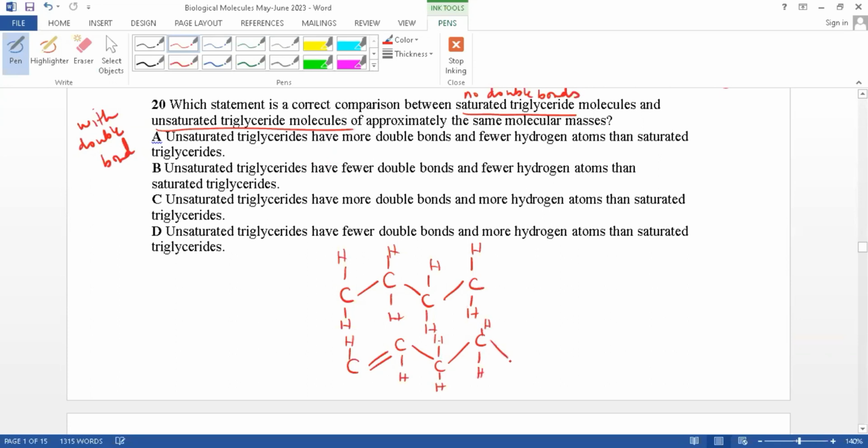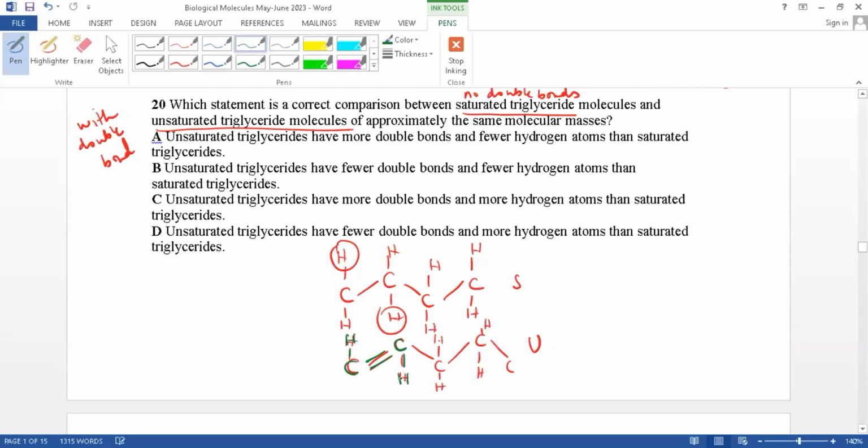So in case of a double bond, 2 of the hydrogens are reduced. Keeping this in mind, that's saturated and that is unsaturated. Let me draw it with another pen so that you will understand it. This is unsaturated.